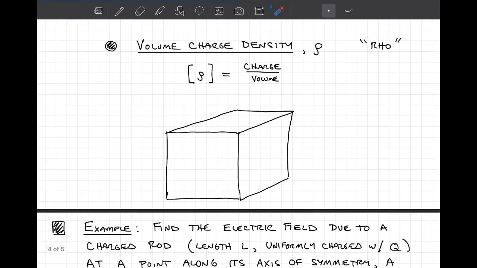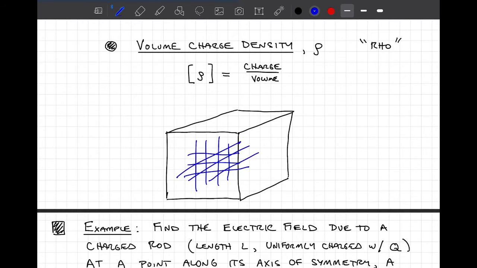And finally, if you have an object which fills three-dimensional space, then we have a volume charge density which is called rho, and of course if you chop up this object, you have to chop it up into three-dimensional pieces. That's really an ugly picture. Let's just look at one of my chunks.